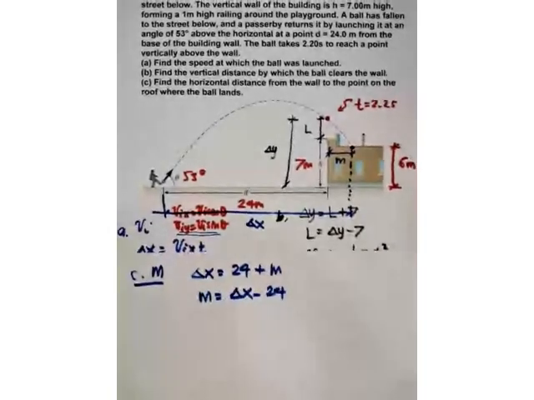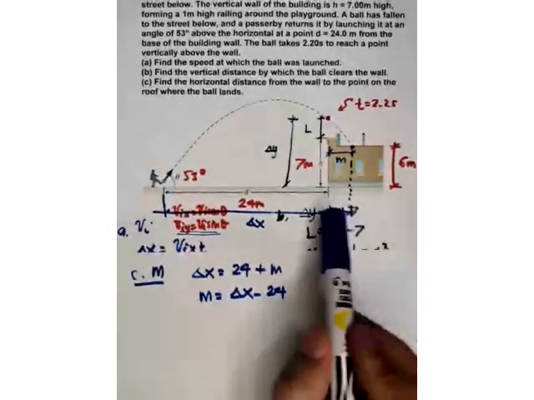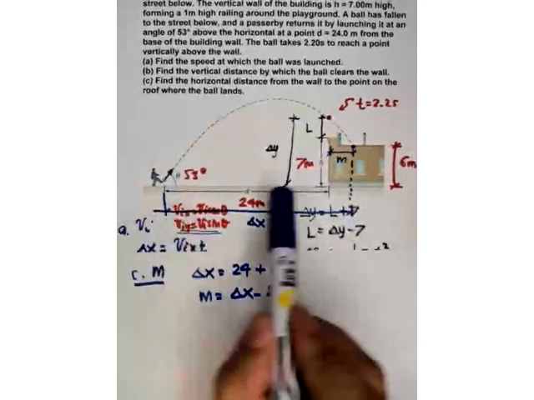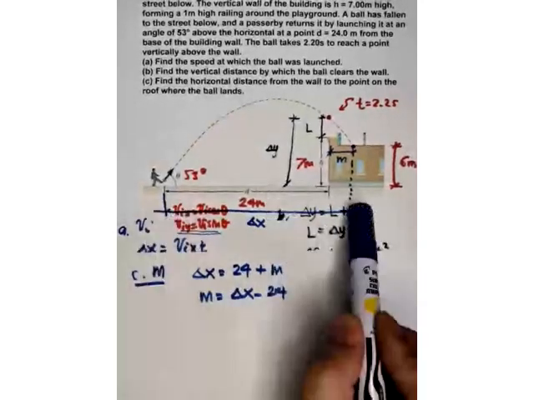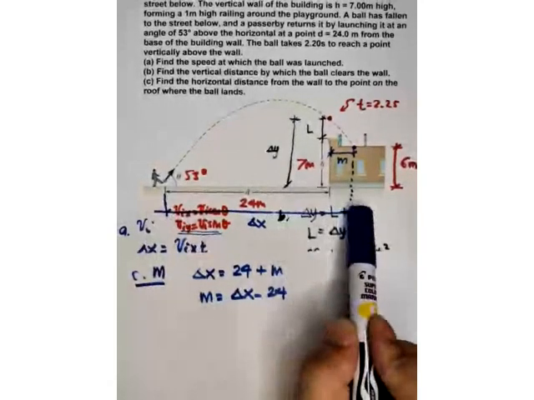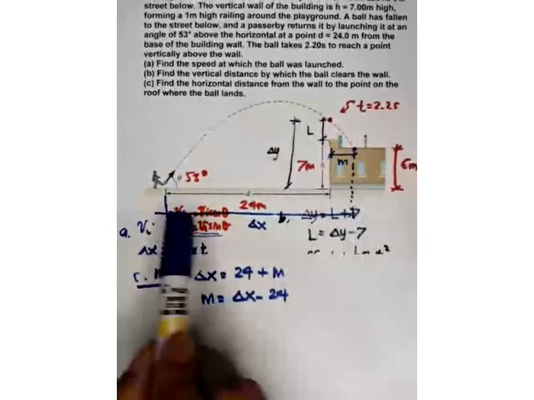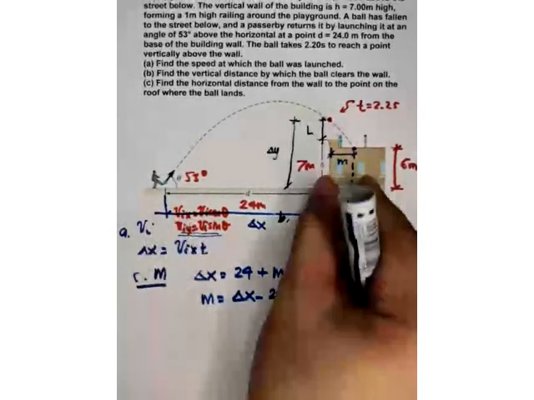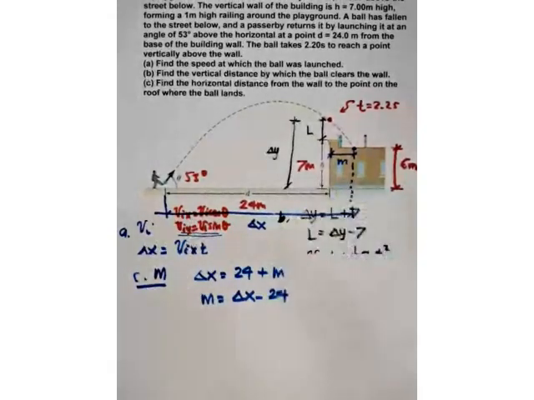So we need to get delta X, from here to here, the horizontal distance our ball will travel. Then we subtract 24 to get the distance between the wall and the point where the ball hits the playground.